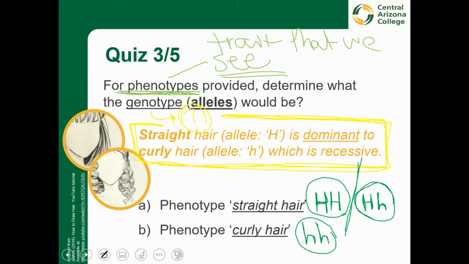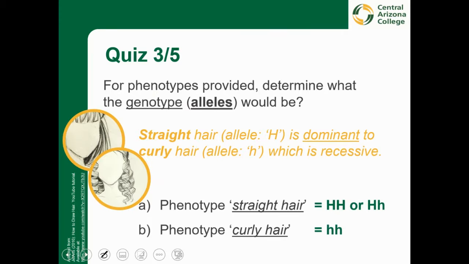The order in which you write it doesn't matter, whether it's capital H, lowercase h, or capital H, capital H. You can do it in any order. So that brings us to the very same answers that we just saw when we worked through this together.